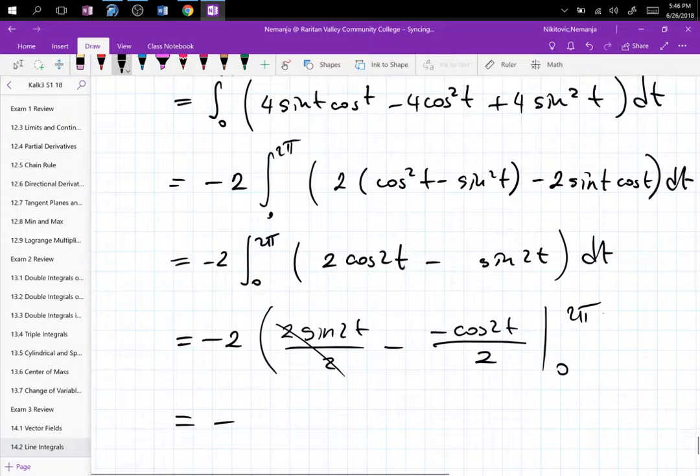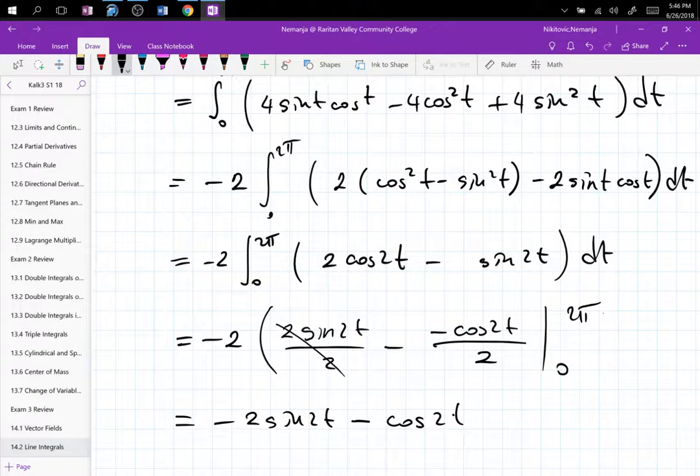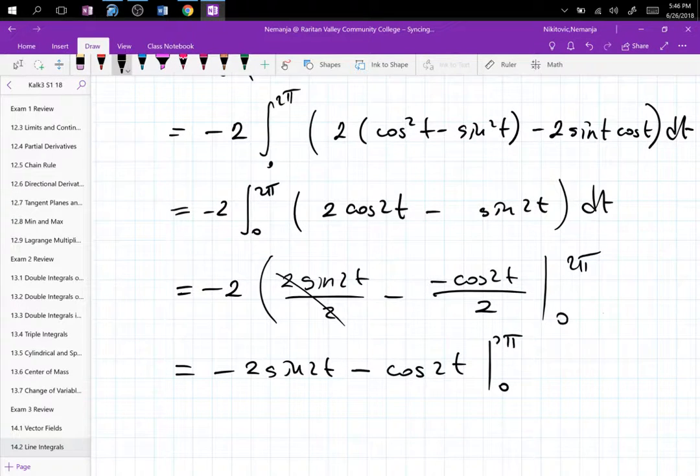So now I have negative 2 sine 2t, triple negative, so that's a minus, cosine 2t, computed from 0 to 2 pi. So now when I plug everything in, the sine term just dies. So I have negative cosine of 4 pi, minus and minus give me plus cosine of 0.